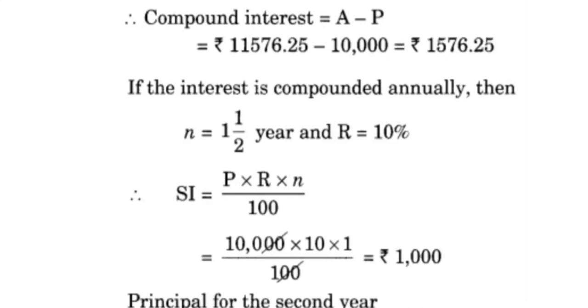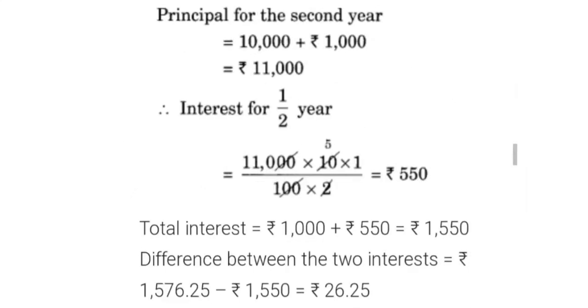So we will find the SI. Formula is PRN upon 100. Put the values. 10,000 into 10 into 1 upon 100. So answer is 1000. Okay, this is for 1 year. Now the new principal is what? 10,000 plus 1,000. It is 11,000. Okay, now we will find the interest for half year, because 1 year already we have done and half year is left.